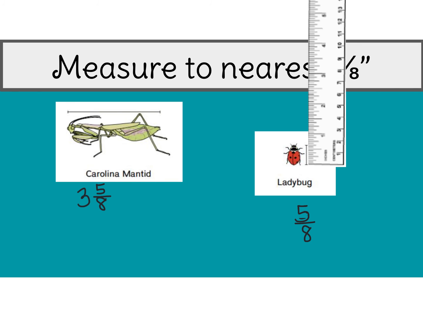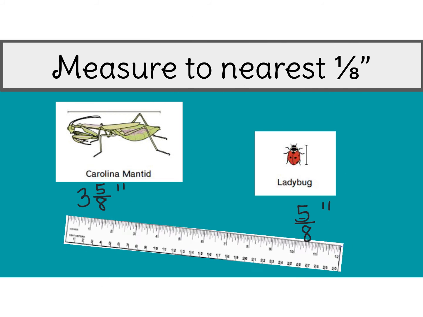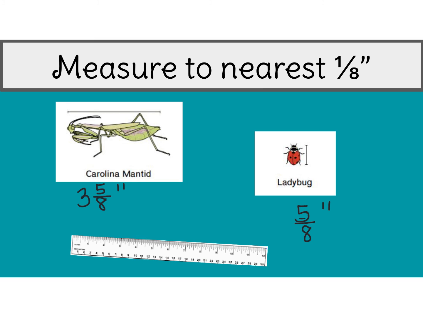And we probably want to make that inches, which I forgot to do on the other one as well. So what you're going to do basically is you're going to have several insects that you're going to measure to the nearest 1/8 of an inch. And then you're going to take that information and you're going to plot it in a line plot.